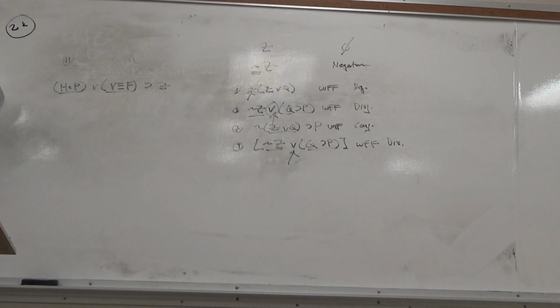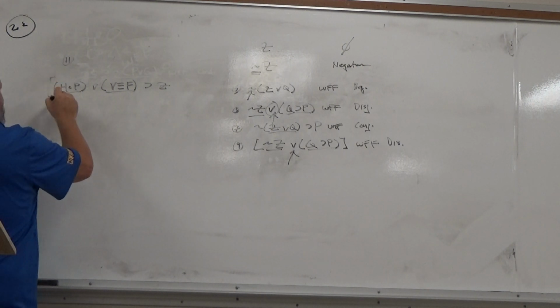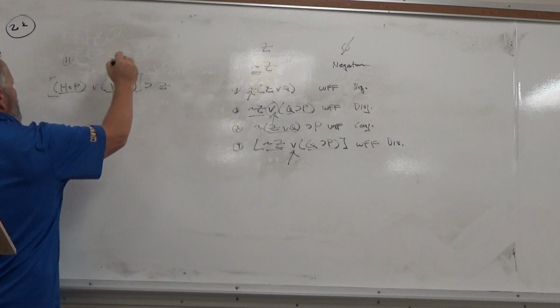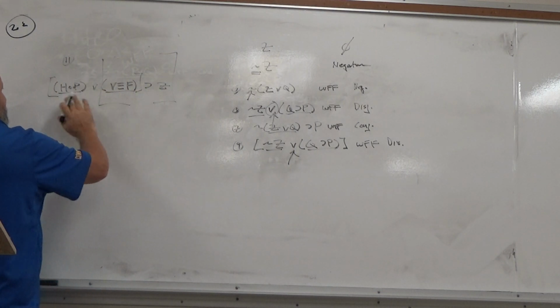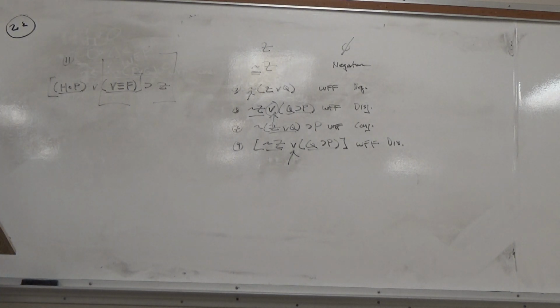But remember, we have no order of operations, so I don't know whether I should do this first, or if I should do this operation first, then, and then do the or. So since it's ambiguous, this is not a well-formed formula, and there is no main logical operator.